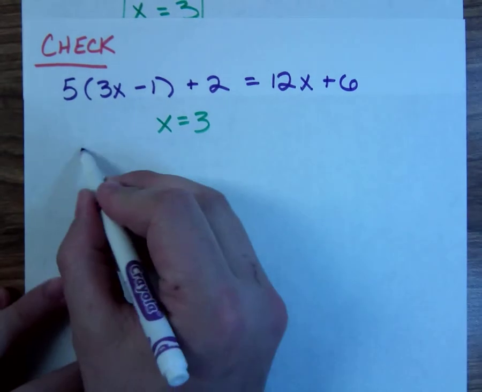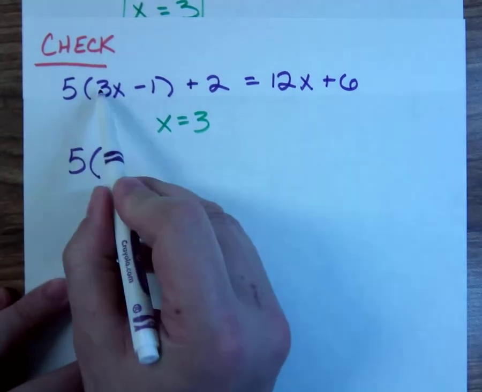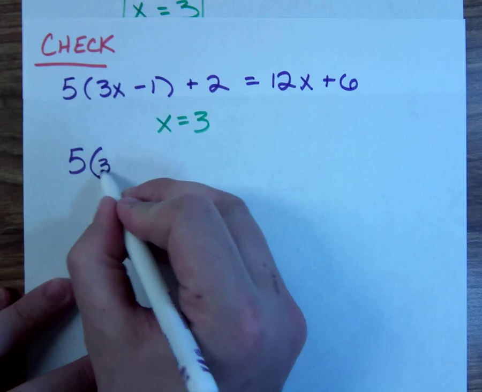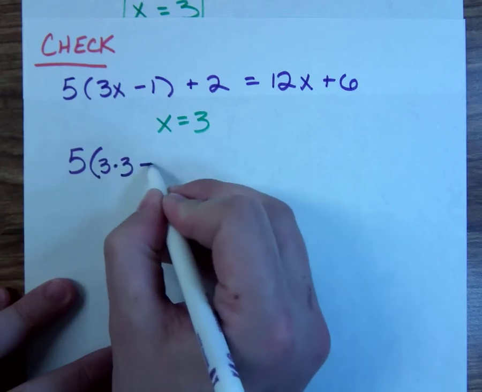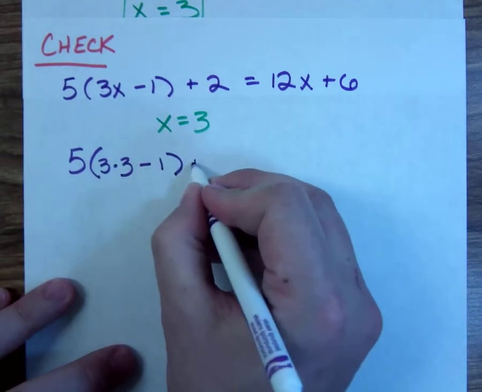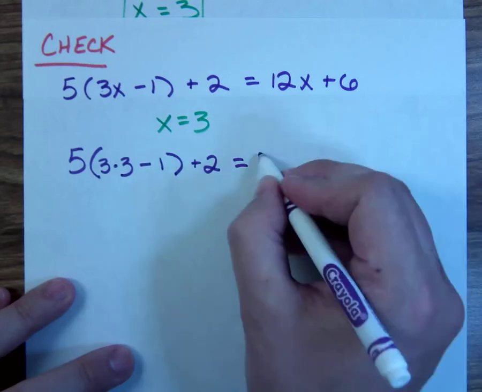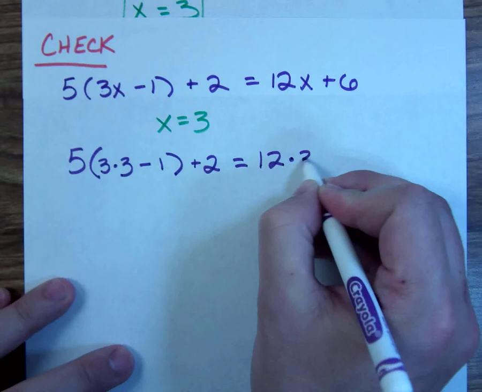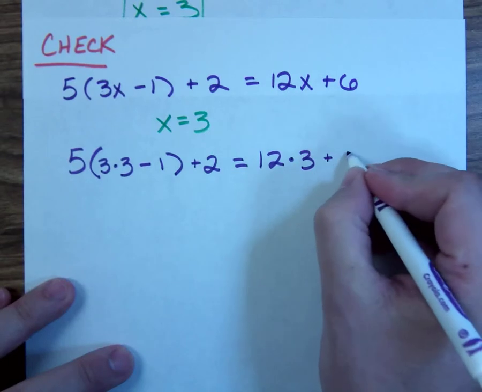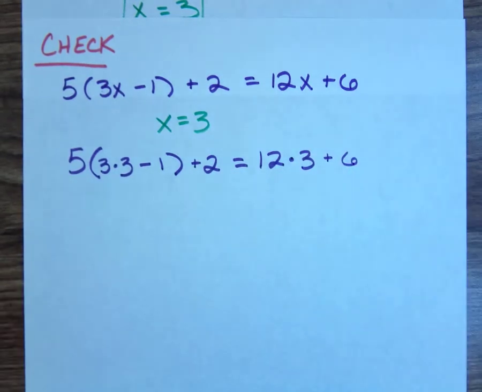So I'm going to do 5. And instead of 3 times x, I'm going to do 3 times 3 minus 1 plus 2 equals. And instead of 12 times x, I'm going to do 12 times 3 plus 6. And now it's not even algebra. Now it's just arithmetic. I just got to figure out what the numbers are.